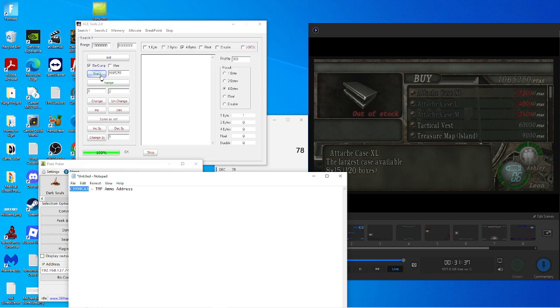Okay, now do an exact value search. This number is very specific, so I don't imagine many results are going to pop up here. I imagine that we'll get maybe 10, 20 at most, if that.